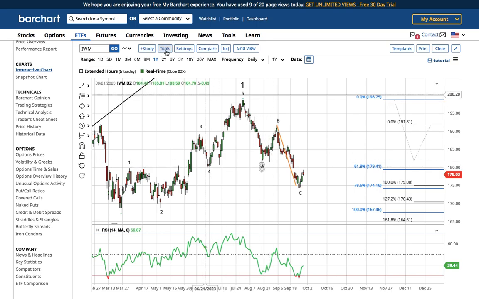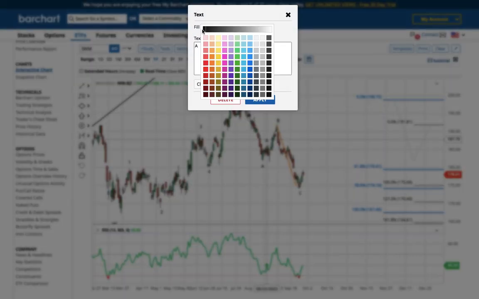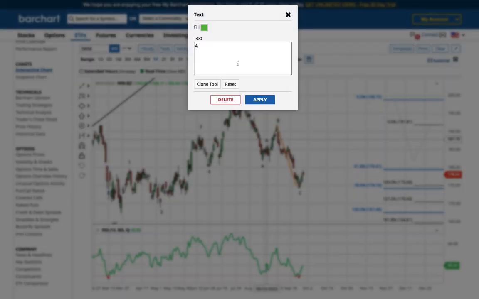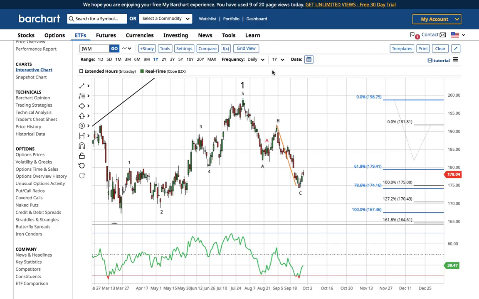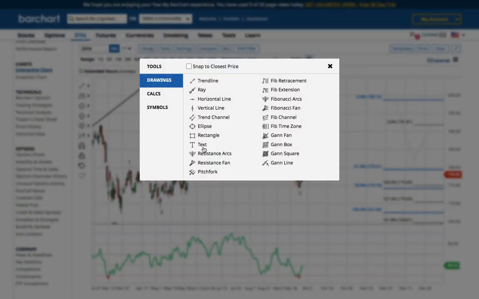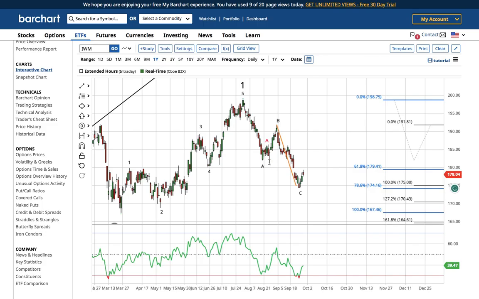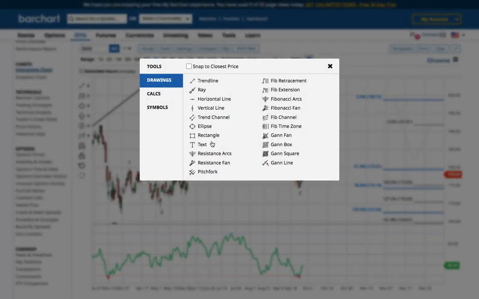I believe this is an ABC correction where the connector wave, wave B, takes the form of an expanded flat. So that's jargon, but I don't want people to think that I'm just putting the lines where they fit. A lot of people probably think that anyway. So I think that this connector wave right here, this wave B, is taking the form of an expanded flat.